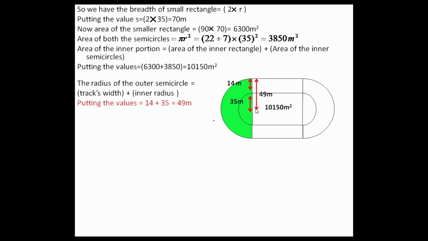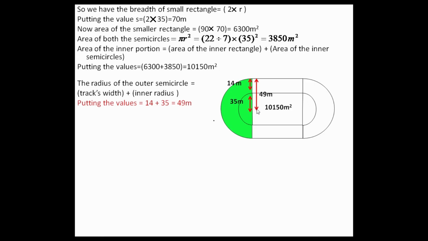Of course we will. If you see the figure carefully, you can observe that after adding we got 49 meter, and this is equal to the radius of the large semicircle. Now we have carried out the radius of the large semicircle.